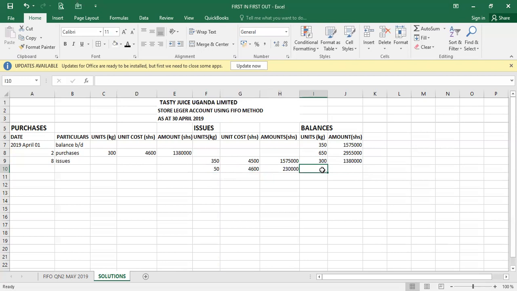So we have to reduce also the units to be the 300 minus the 50 units. We have also to adjust this by saying that amount minus this. So it will give us this, meaning these 250, they will be valued at this. But this closing stock we have as per this date is part of the last batch we received. So we are done on that on 8th.